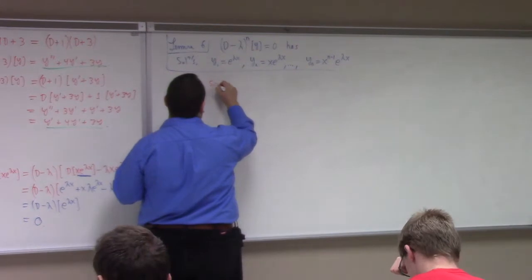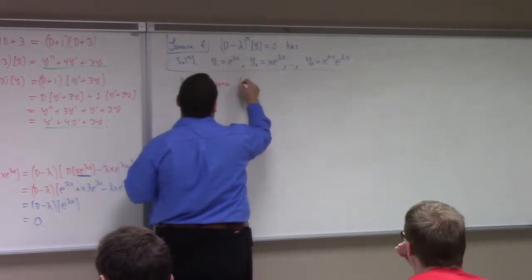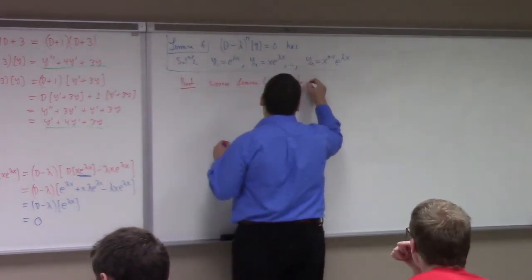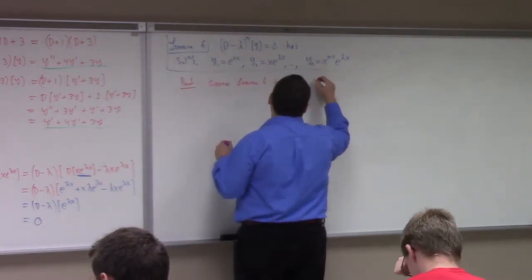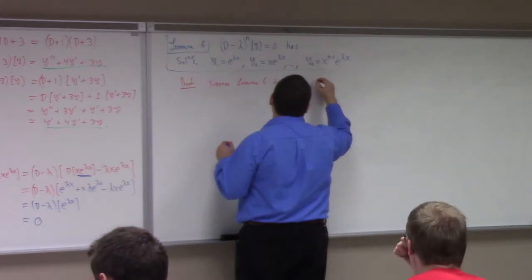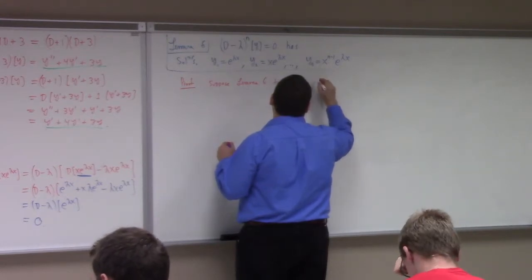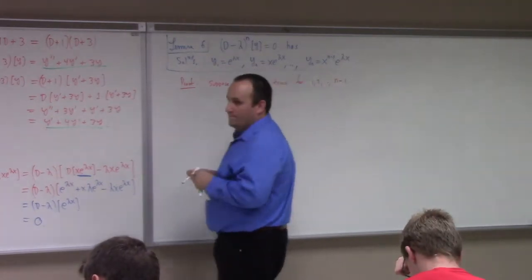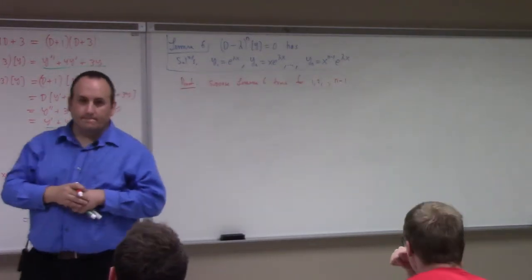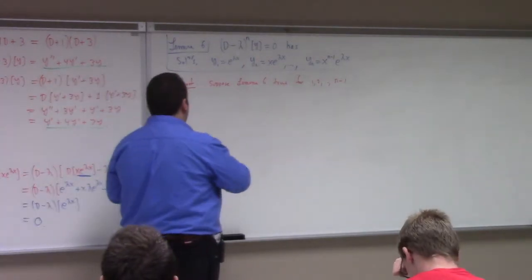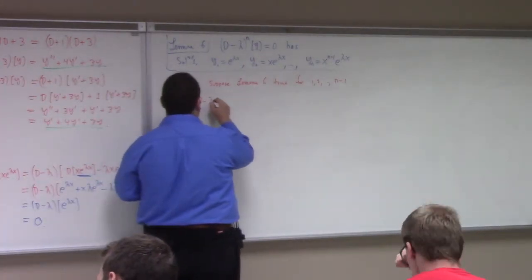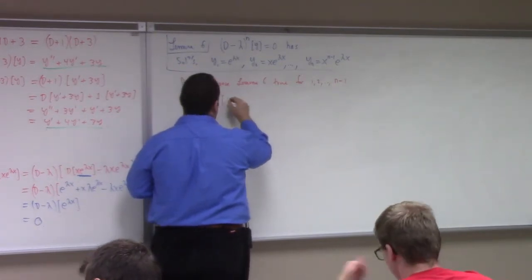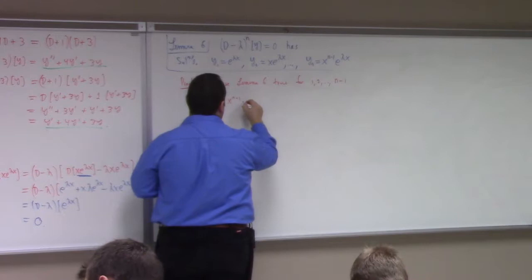So suppose lemma 6 is true for 1, 2, all the way up to n minus 1, all right? I want to consider it for n then. So I have d minus lambda to the n, and I need to look at x to the n minus 1 e to the lambda x.